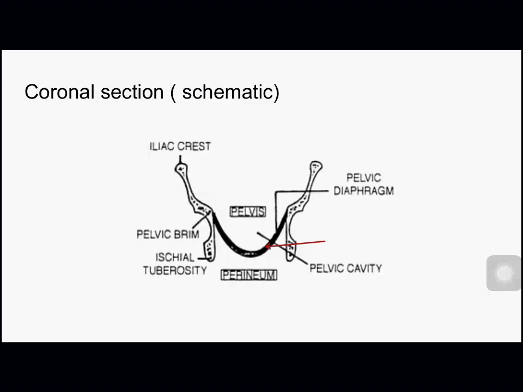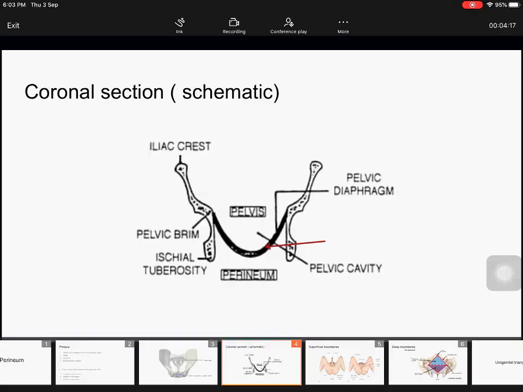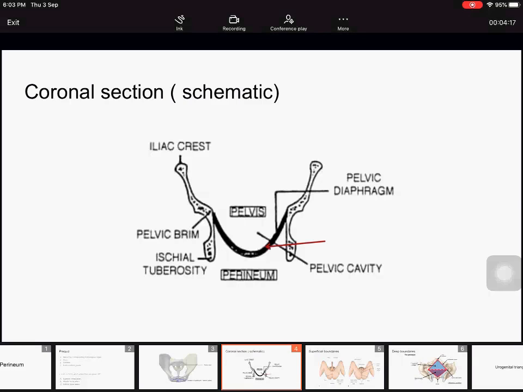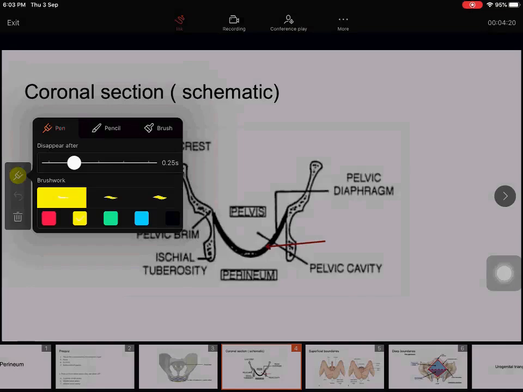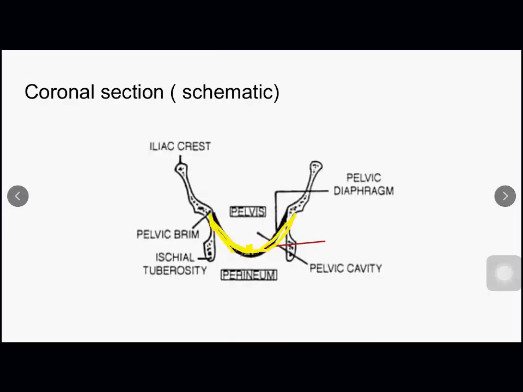Now this image is a cross section at the level of the pelvic bone. You can see the perineum, which is located at the inferiormost part of your pelvic cavity. You can see a black sheet of fascia which is separating the perineum from the pelvic cavity above.